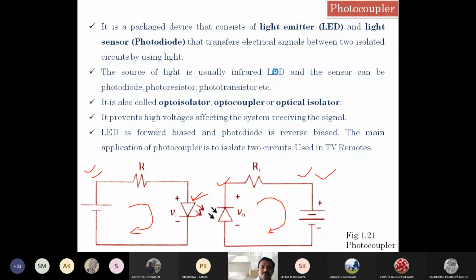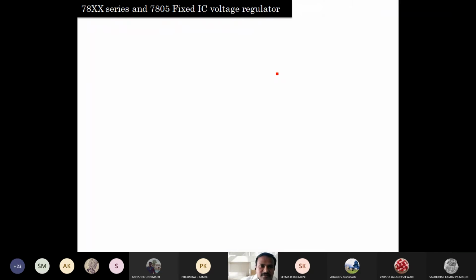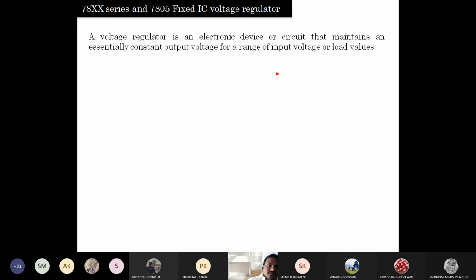Let us move towards the next concept. It is the 78XX series and 7805 fixed IC voltage regulator. A voltage regulator is an electronic device. You already know this word, regulator.